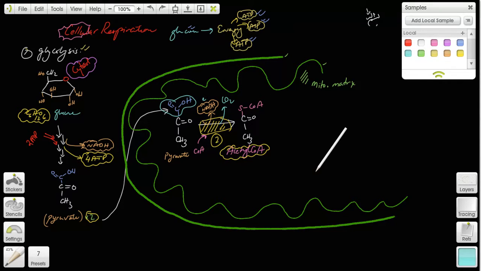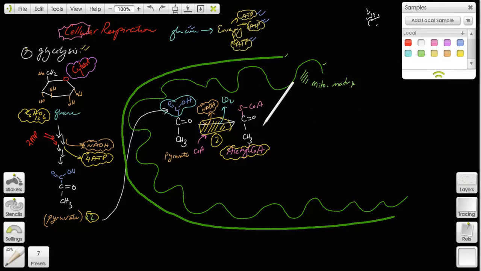So NADH is an electron carrier. So the second step is this conversion, and we generate NADH from this, and then carbon dioxide is released. Okay, and this CO2 molecule is this molecule from the pyruvate over here, this carboxylic acid group.